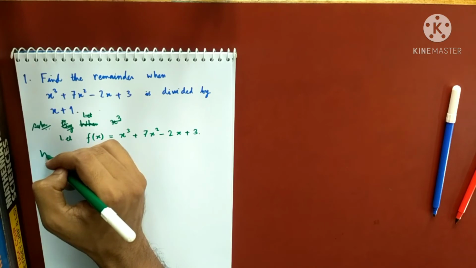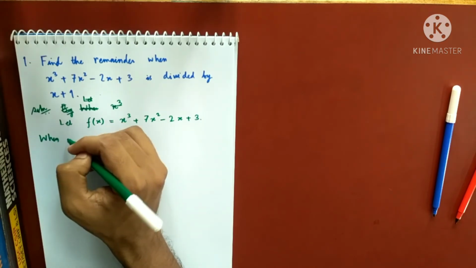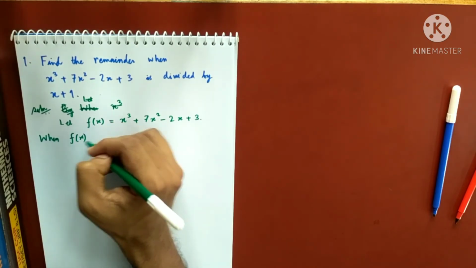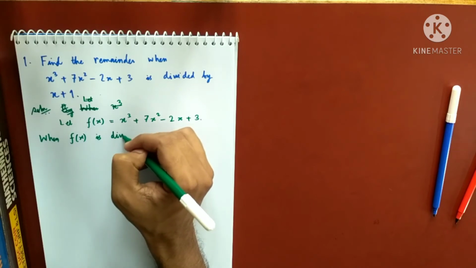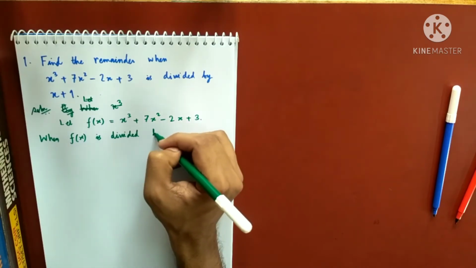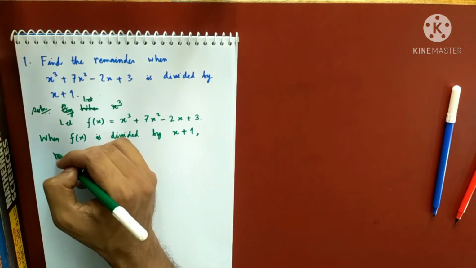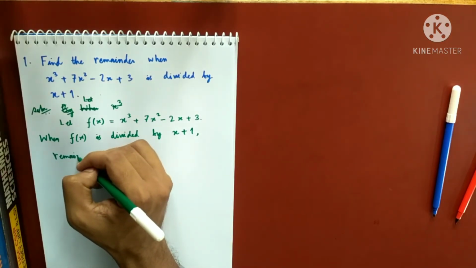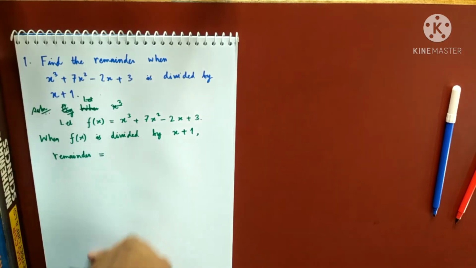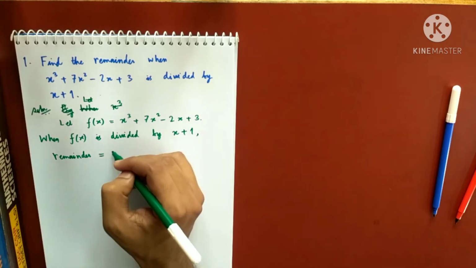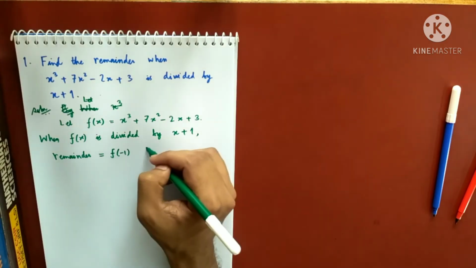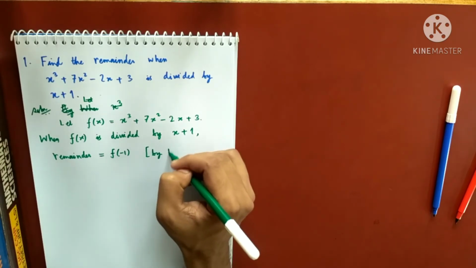So when f(x) is divided by x plus 1, the remainder will be what? Who can tell me what will be the remainder by the remainder theorem? f(-1). Very good. f(-1). This is guaranteed by the remainder theorem.